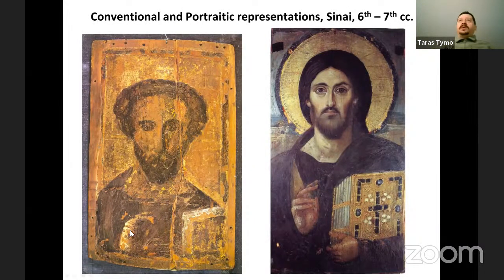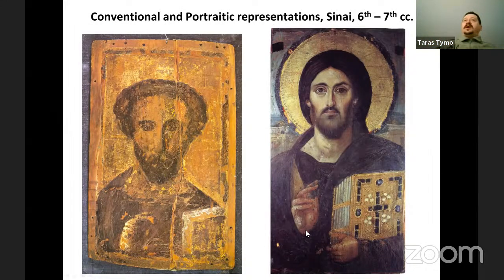This is a 6th or 7th century icon from Mount Sinai, the yellowish one, representing Jesus in this old-fashioned way, taken from earlier centuries as a Jew or as a Palestinian, with a blessing and with the gospel book. So it has all the canonical features of later iconography, but the presentation of Jesus is far from what we are used to.